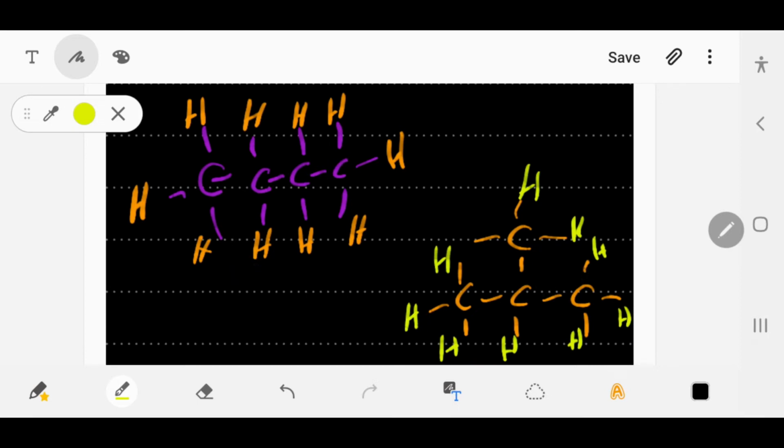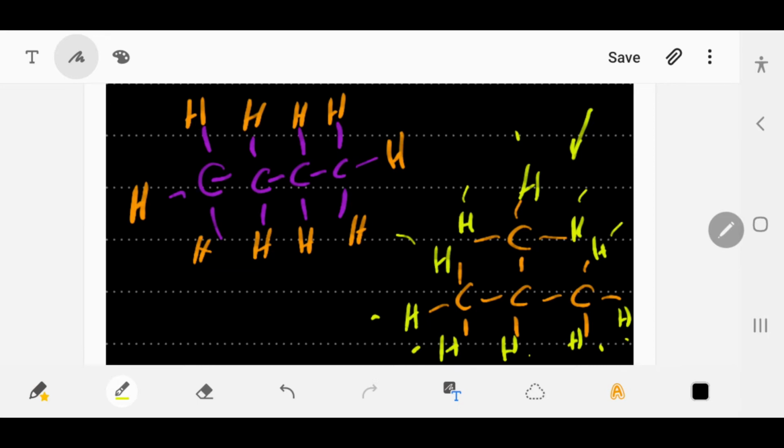If we go to the other compound, this one, and count the hydrogen: 1, 2, 3, 4, 5, 6, 7, 8, 9, and we have another H here, so this is 10. So both compounds have the same number of carbon atoms with the same number of hydrogen atoms, but actually they are totally different compounds.